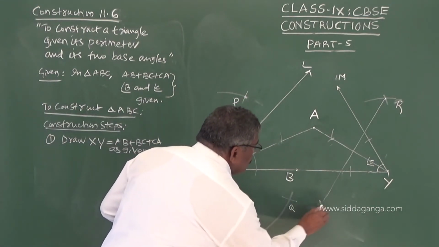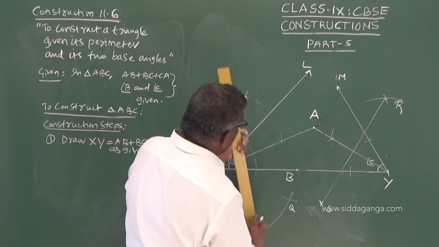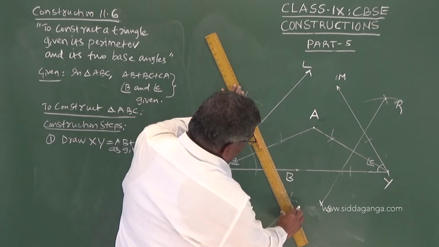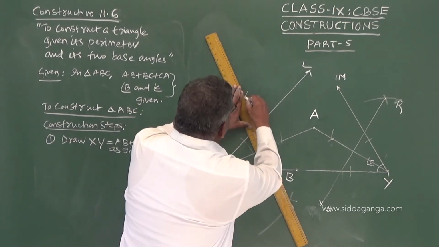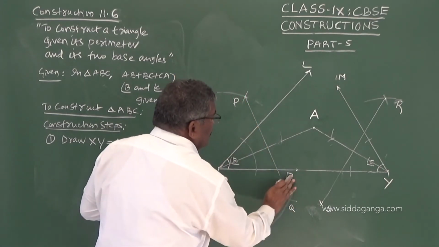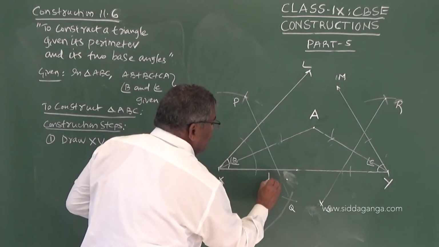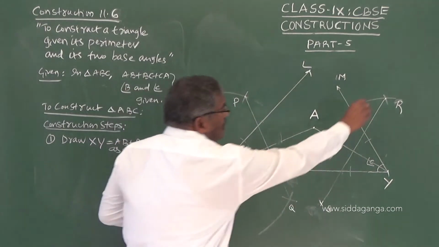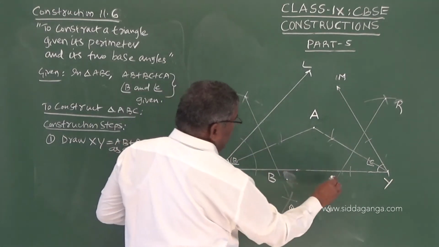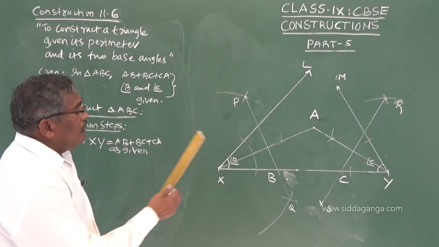This is R, this is S. So I have to join P and Q. Okay, so this PQ is intersecting XY at B and RS is intersecting XY at C. Now we got all the three points.